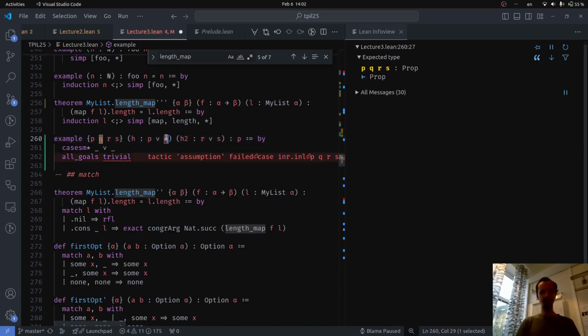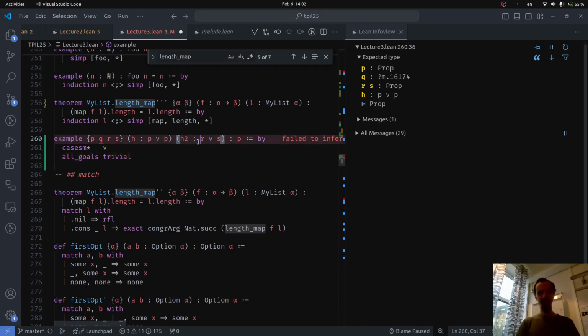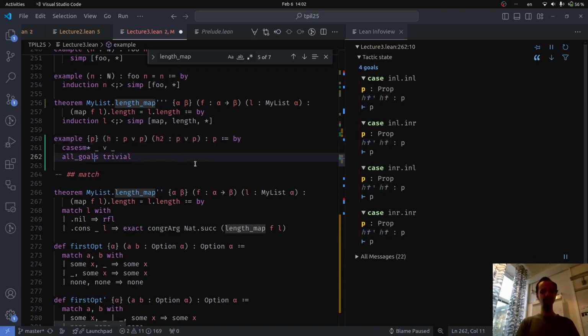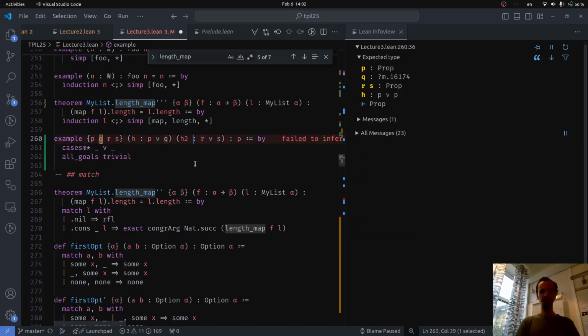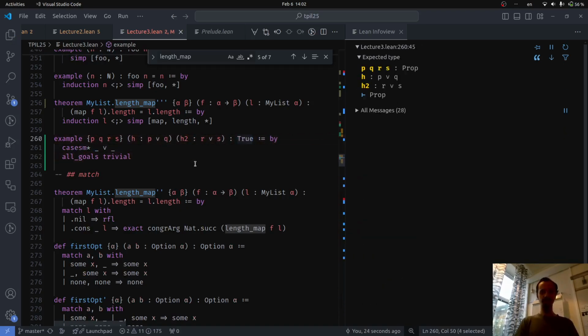Let's say we wanted to do P and Q to make it more interesting, and have the Q in H2.